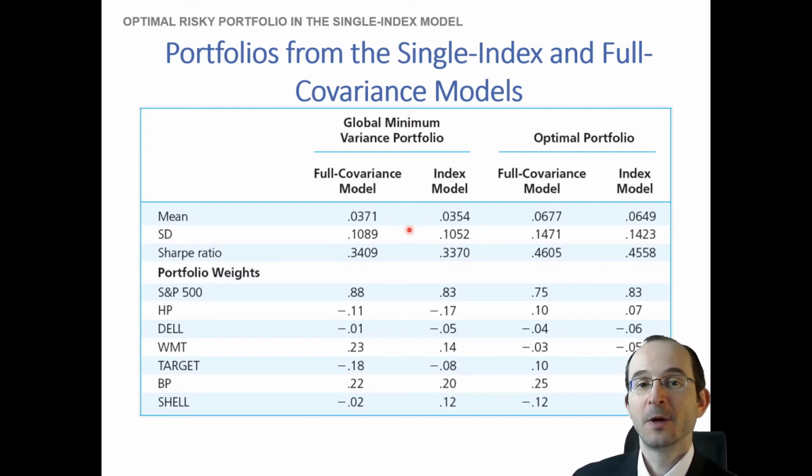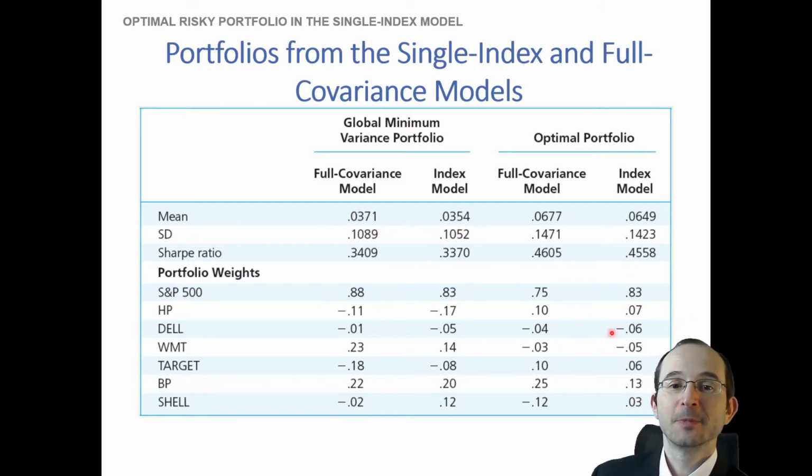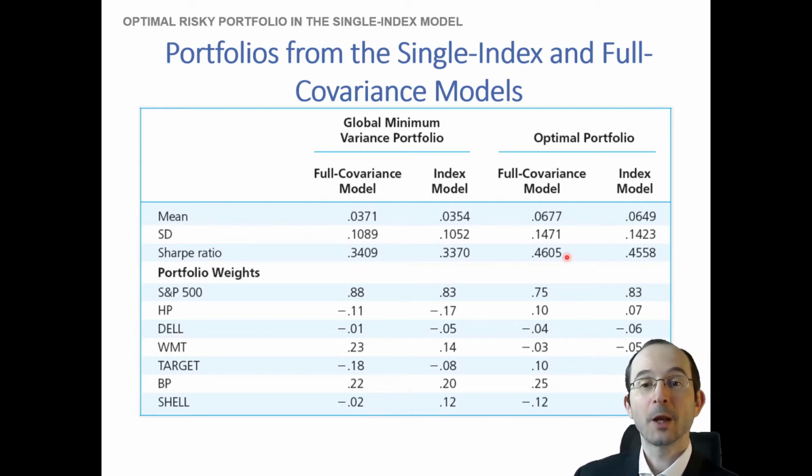We see that the global minimum variance portfolios are also similar. Their Sharpe ratios are similar. The weights in this data exercise are similar. Well, maybe with some differences, but on the whole, it actually looks like we get a very similar looking output using this single index model approach as we would using the portfolio theory approach, but at a far lower cost in terms of actually implementing a model and estimating all of the required parameters.